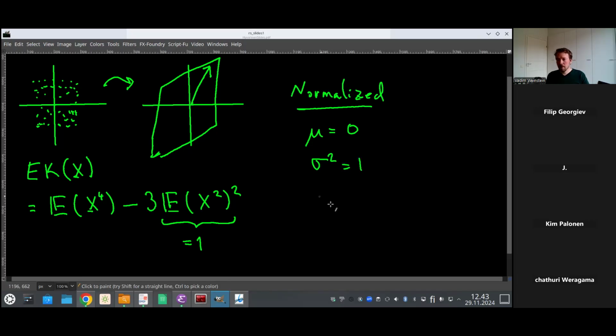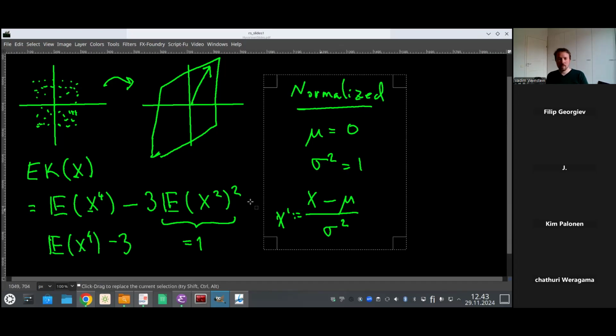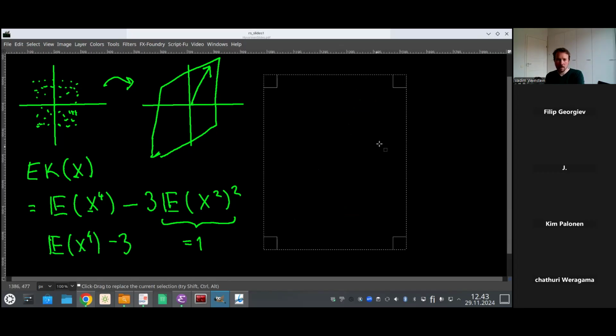The way we can always get this is that if we have any variable, we just perform this trick, and then this new variable will have zero mean and unit variance. So when this is the case, the excess kurtosis is simply defined as the expected value of the fourth power minus 3. We will actually need this more general definition at some point, but at this point it doesn't really matter.